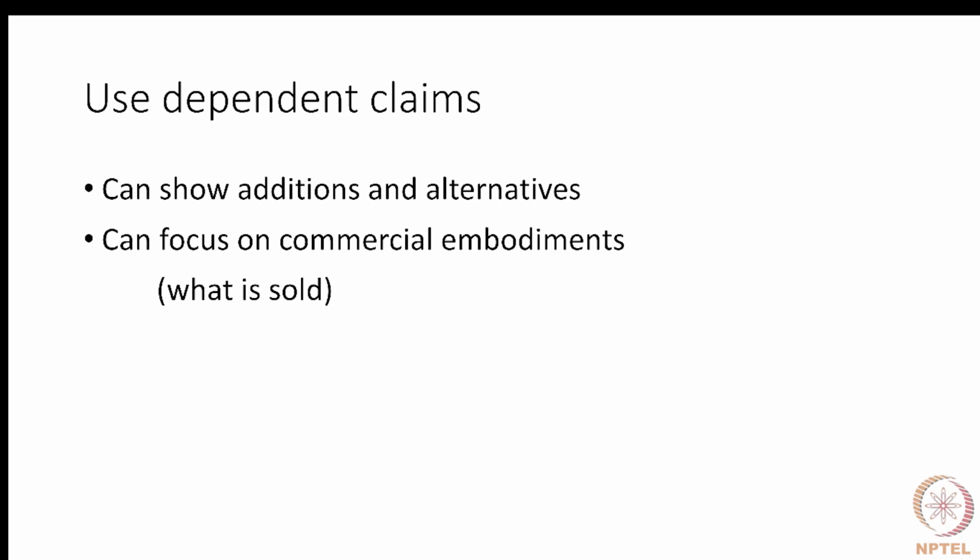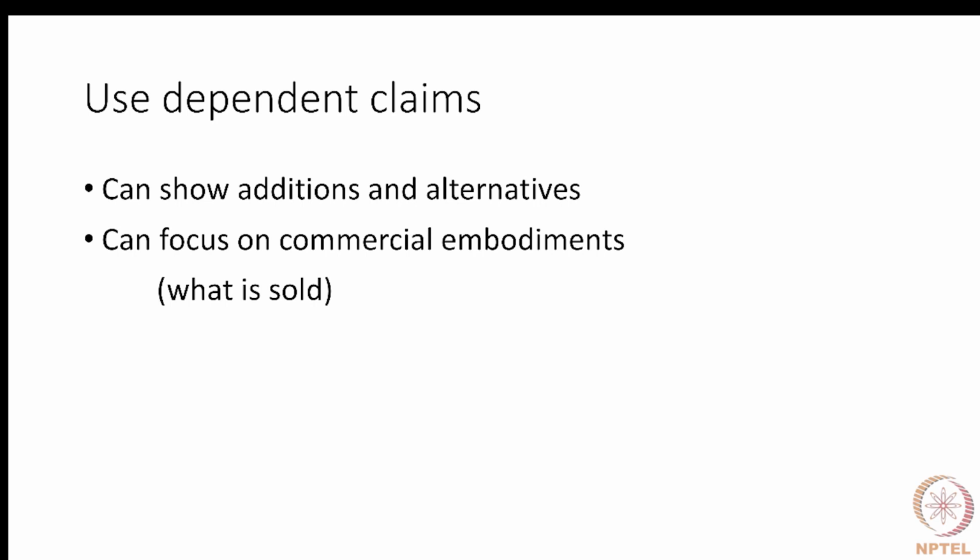Or the infringer looks at your patent application and files for an opposition against your patent application. Then a ground that the infringer would raise is to say that your claims are too broad and it does not match the commercial embodiment.